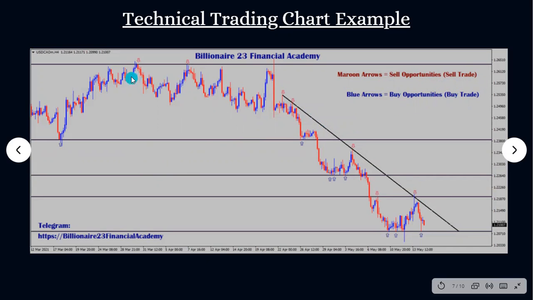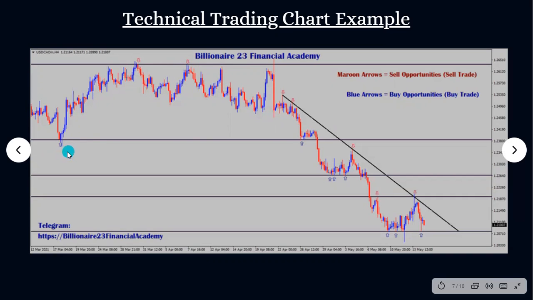For example, price was here, at this horizontal line, this price level. We call this resistance because price failed to break through it, and then price dropped. You can think of this as a ceiling. You bounce a ball in the ceiling, the ball bounces back down, you bounce it again, the ball bounces back down, and so on and so forth.